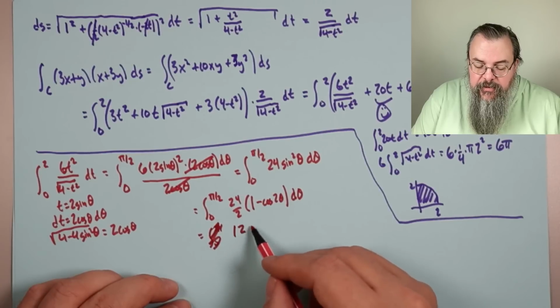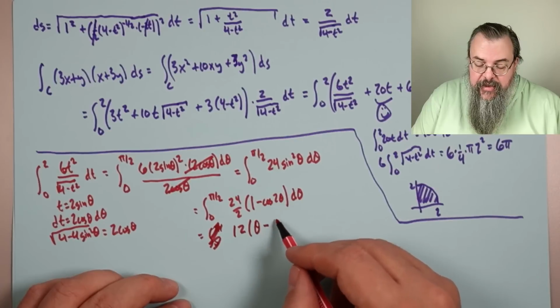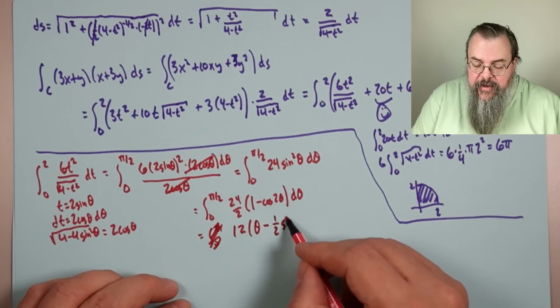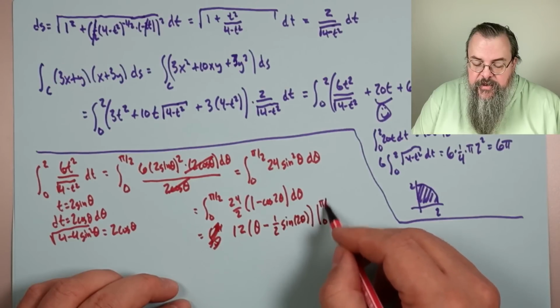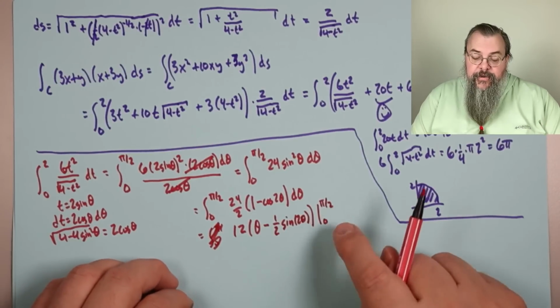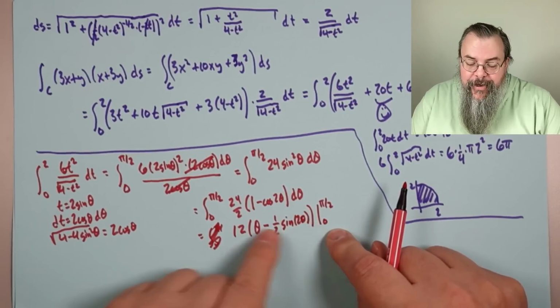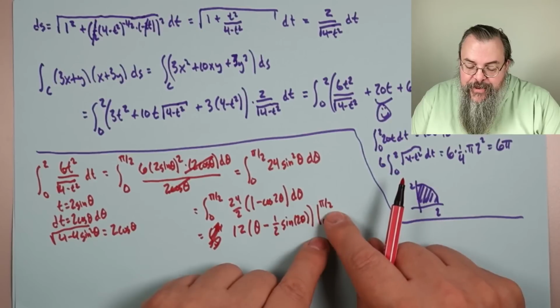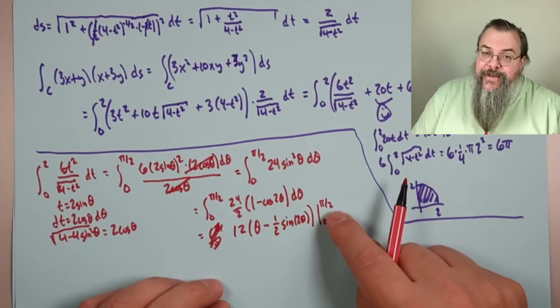So that we have 12 theta minus the integral of cosine, which is sine. You need to put a half there to account for the half on the inside, and evaluate from 0 to pi over 2. Now, the good news, when you plug in 0, sine of 0 is 0, and 0 is 0. When you plug in pi over 2, sine of pi is also 0. So what do you get?